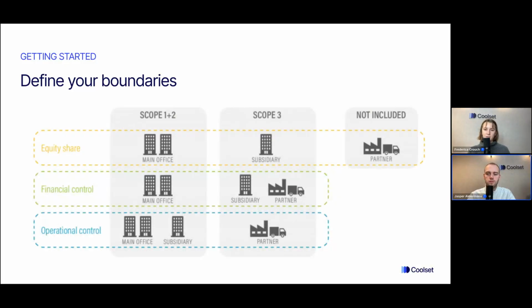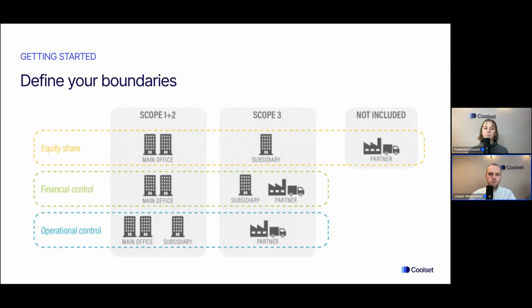Here we can see an image which depicts this a bit clearer, but we can see at the top, we have the equity share, then financial and operational control. And for example, under operational control, so that's the bottom line, a company is in control of both the main office and the subsidiary. So say it's a factory, they run the operations of both the main office and the subsidiary day to day.